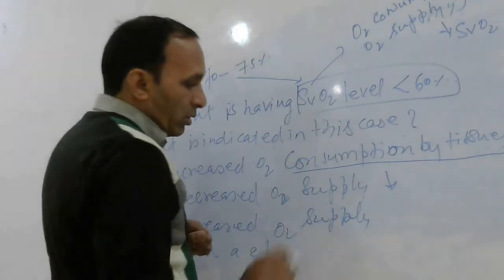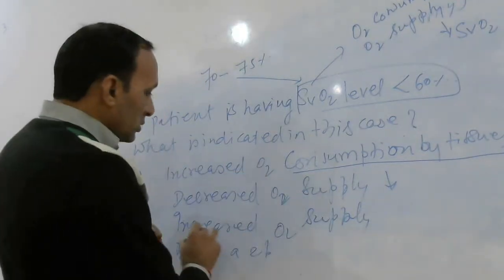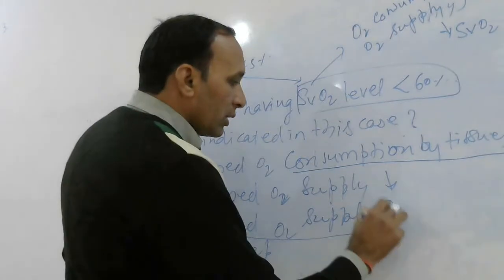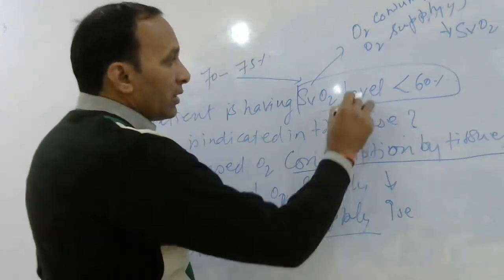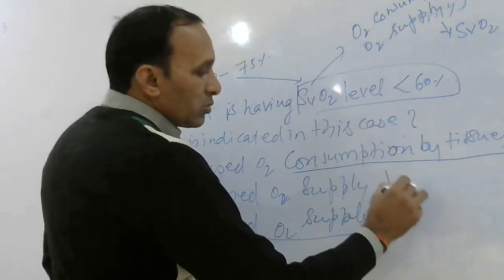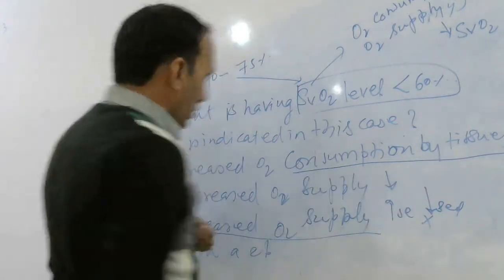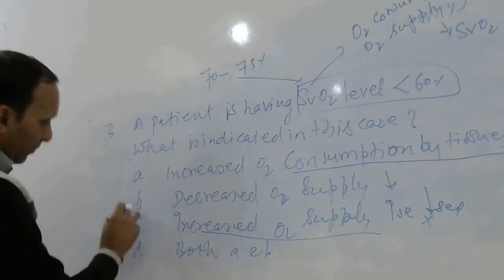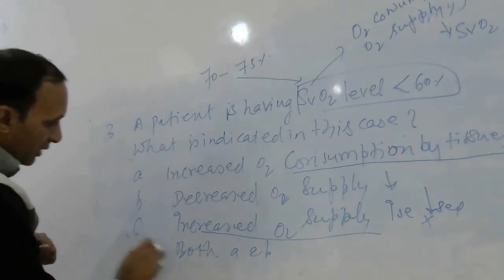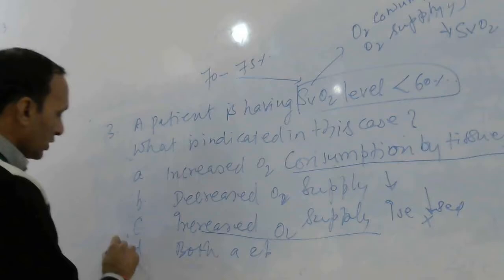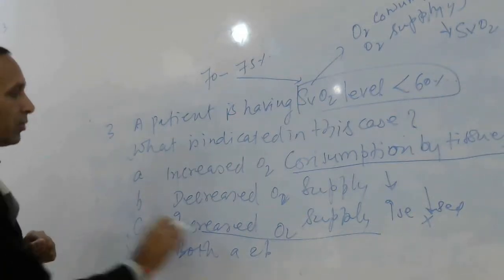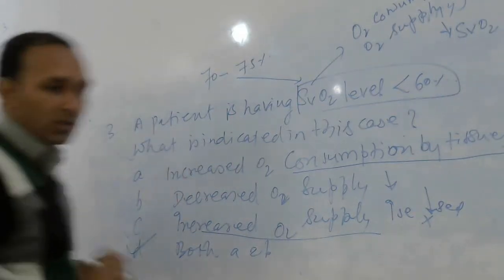So friends, students, if the oxygen supply is more, if it is increased, in that situation SpO2 level will not be decreased. So this is wrong. So if we talk about all these options and in the D both A and B, the correct answer will be D, both A and B are correct in this case.